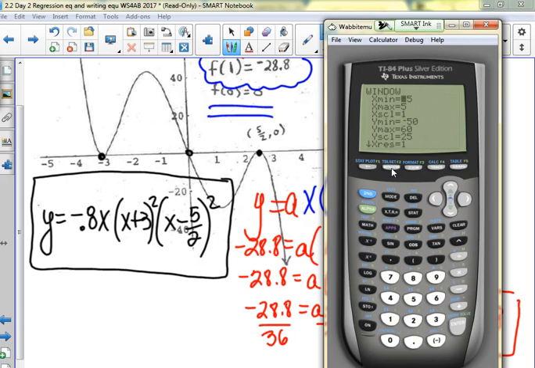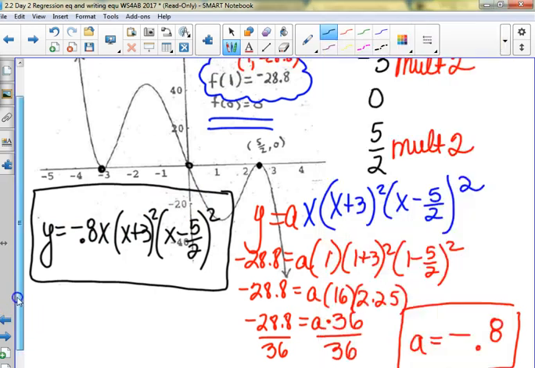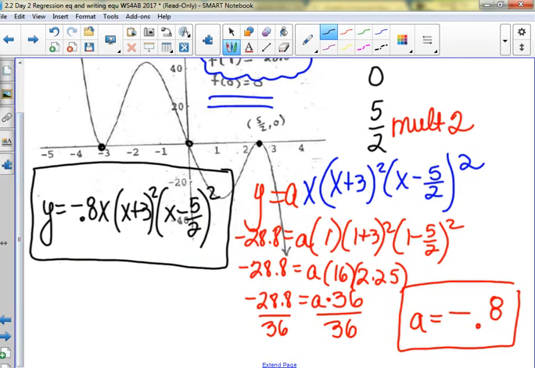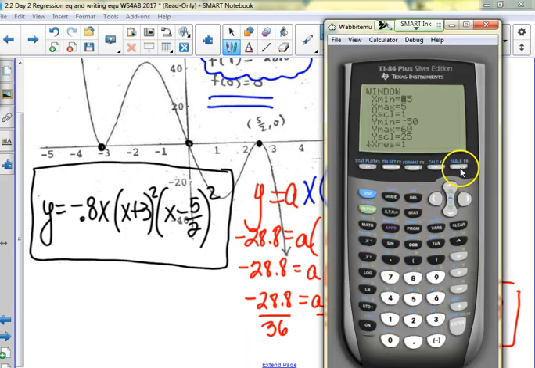Negative 5 to 5 for x's and what for y's? Look at the graph paper, guys. Negative 40 to 60 or something. Okay. So put something like that in and see if you get a graph that looks like theirs.